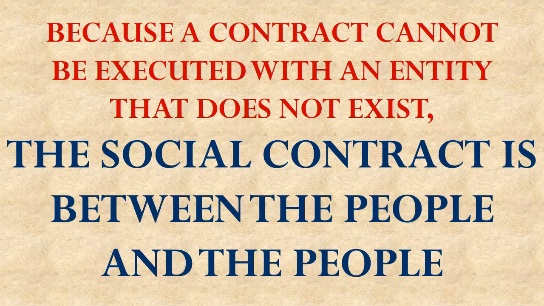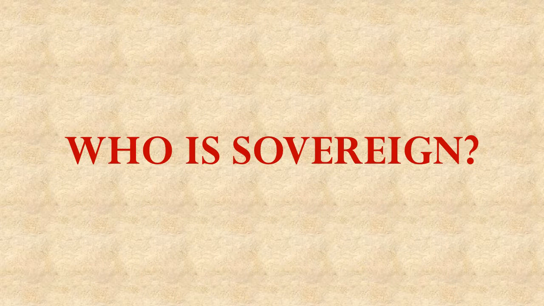Now, with this in mind, that the people are the ones who are creating this government, we can next ask ourselves, in this sort of situation, the ideal of government created under social contract theory, who is sovereign? Who is the ultimate authority in society, who is in charge? Well, we know what the founding fathers, who read Hobbes and Locke, thought of that.